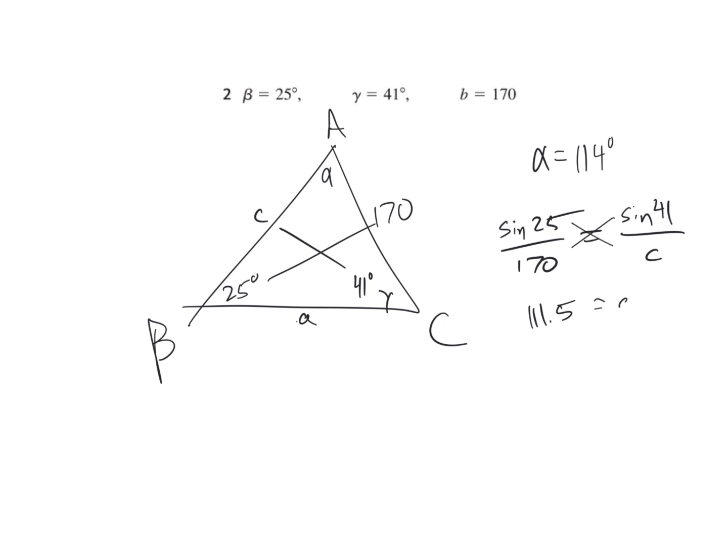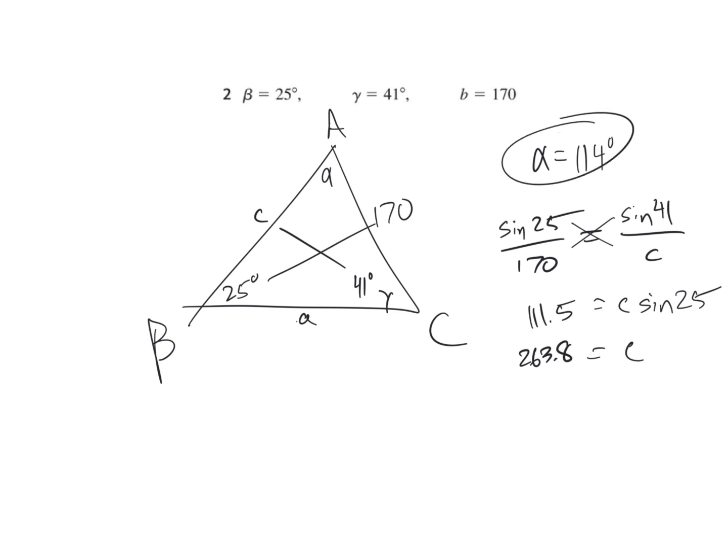And then we have c times the sine of 25. So now we take 111.5 divided by the sine of 25. That gives us little c to be 263.8.